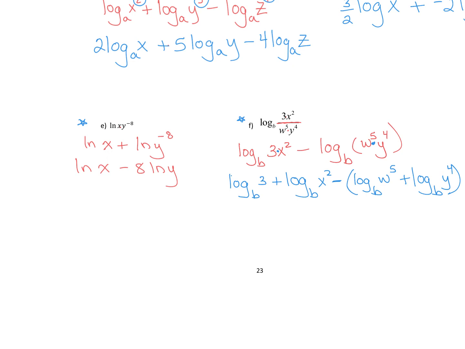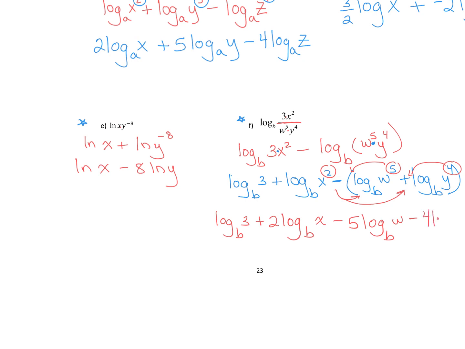As a final step, I will bring my exponents down in front of their respective logs. And I will also distribute this negative through. So log base b of 3 plus 2 log base b of x minus 5 log base b of w minus 4 log base b of y.